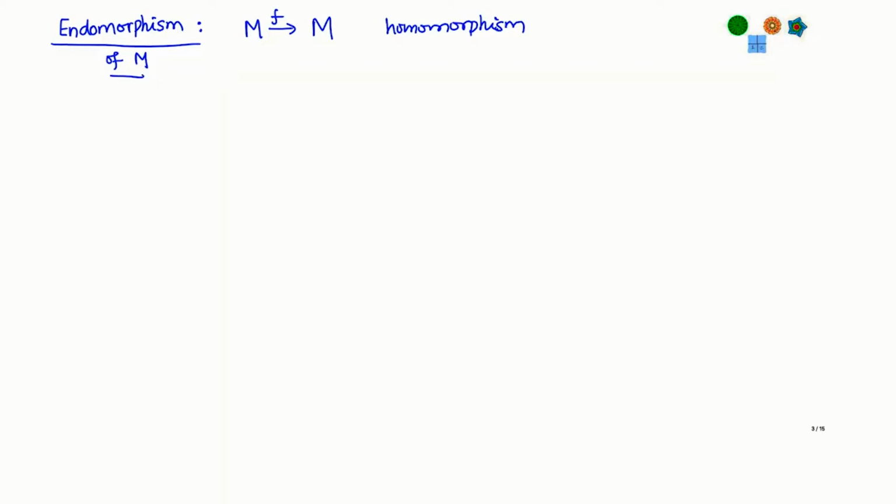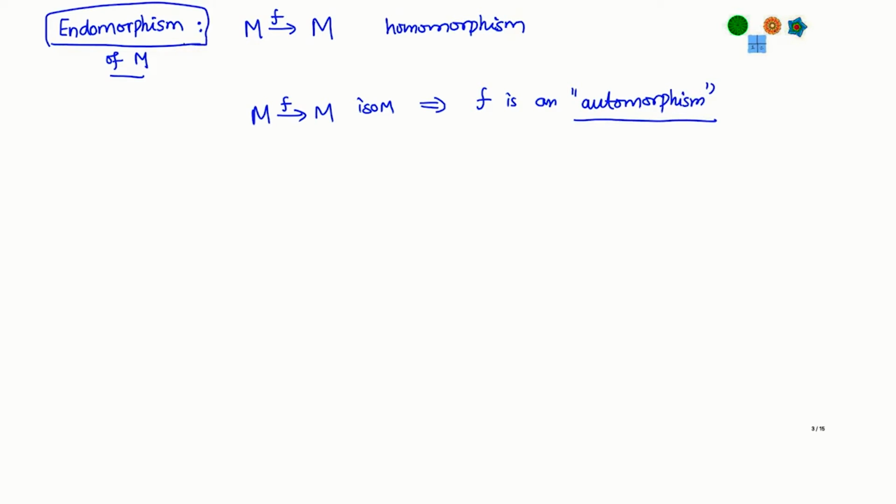Similarly, an isomorphism from M to M is called an automorphism of M. So if F from M to M turns out to be an isomorphism, then we usually call this an automorphism. These are just two more words used as shorthands to say that both modules are actually the same module M in those cases. So we now know homomorphisms, isomorphisms, endomorphisms, automorphisms.